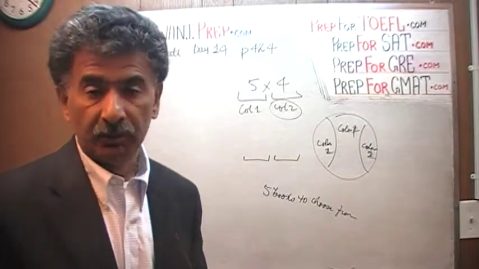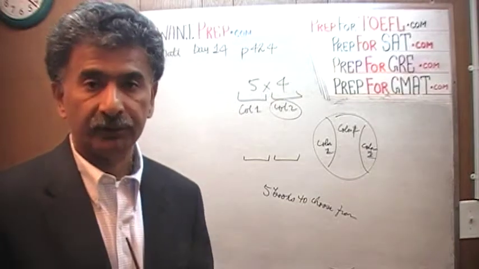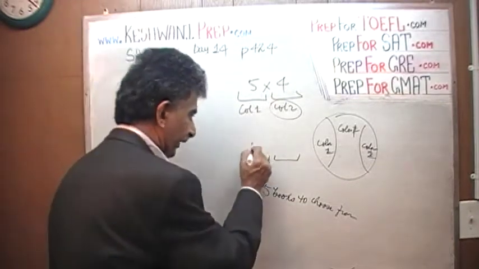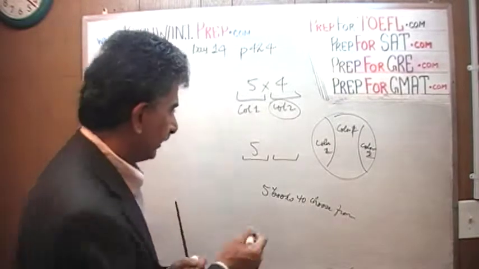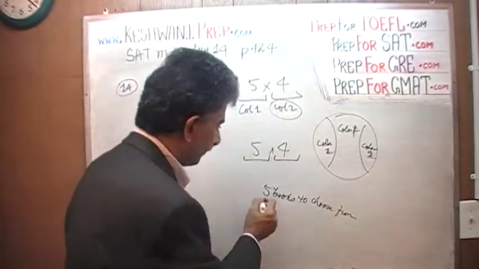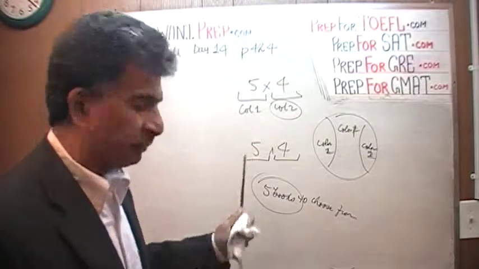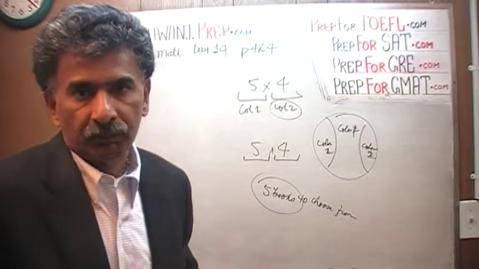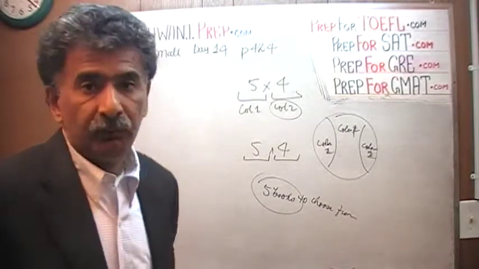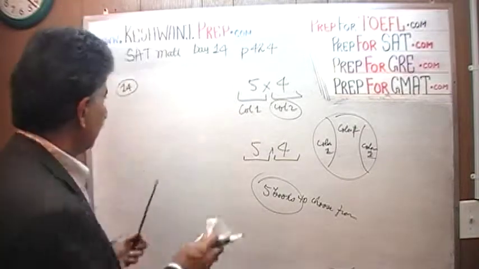Understanding the fact that the 3 books will not go on the shelf, obviously. Well, there are 5 ways I can put a book in the first space, and there are 4 ways I can put a book in the second space, because I have 5 books to begin with. So once I have chosen one book to put in the first space, now I'm left with only 4 books. So for the second space I have 4 choices. That's all. Let's do the next one.